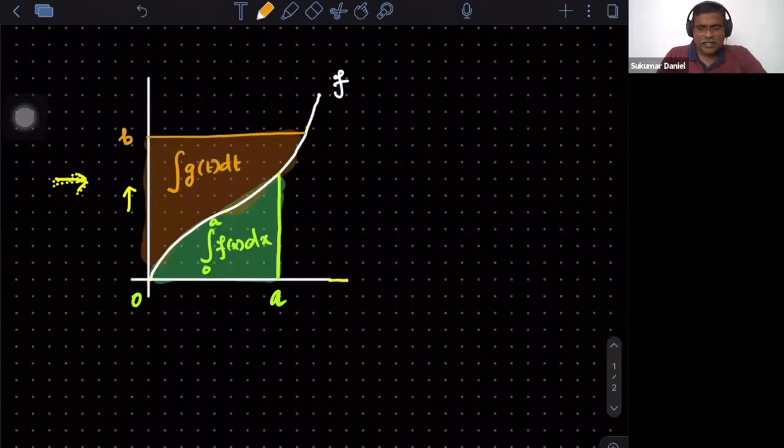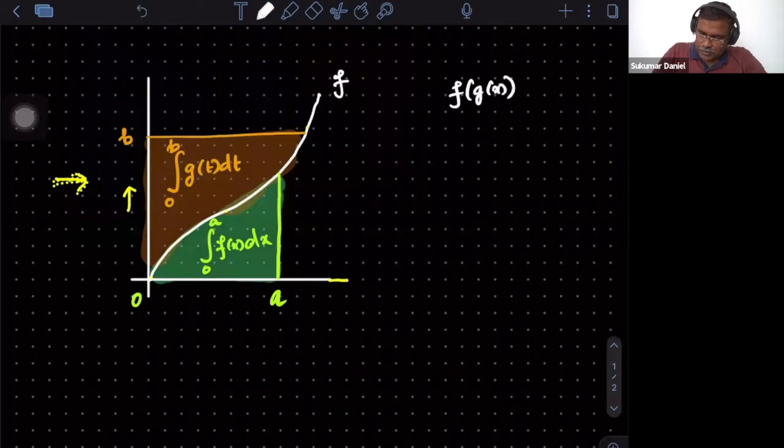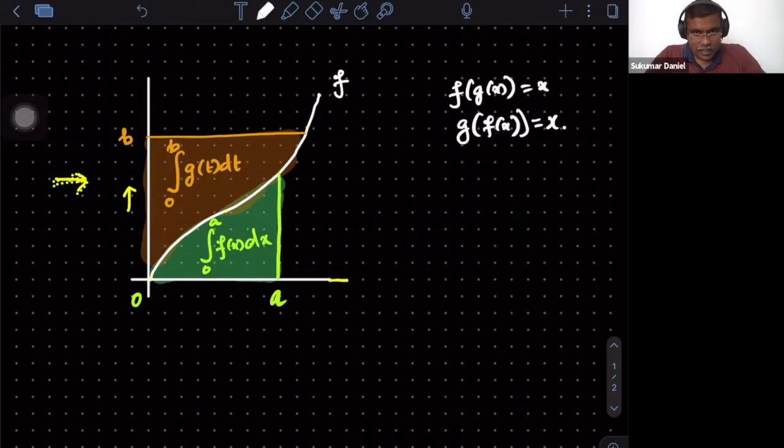See, this is f(x) dx; x and t are all dummy variables. Do you accept this? For those who understood, this is g. What is the connection between f and g? f of g of x is x. In the same way, g of f of x is also x. So g is the inverse under composition. Good. So if you understood this part, then it is immediate.